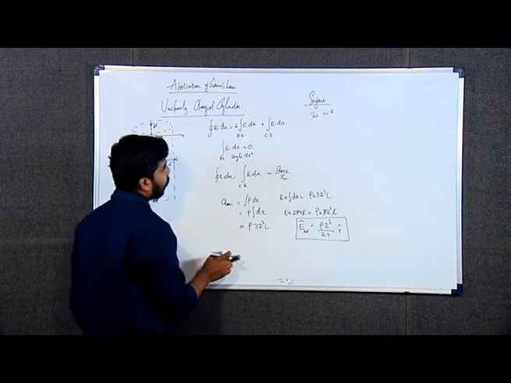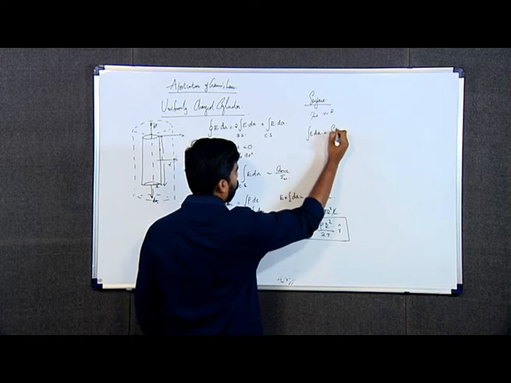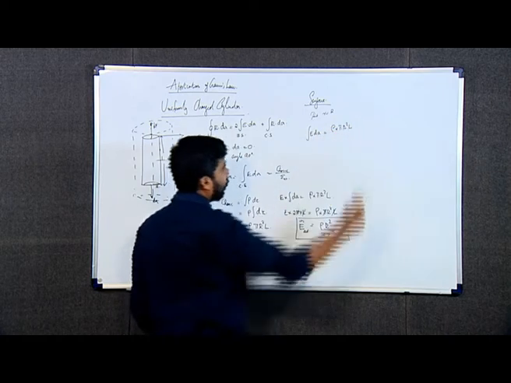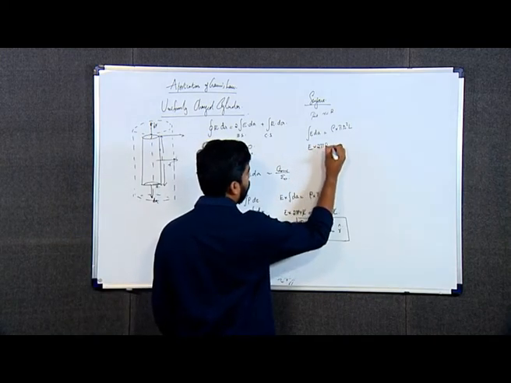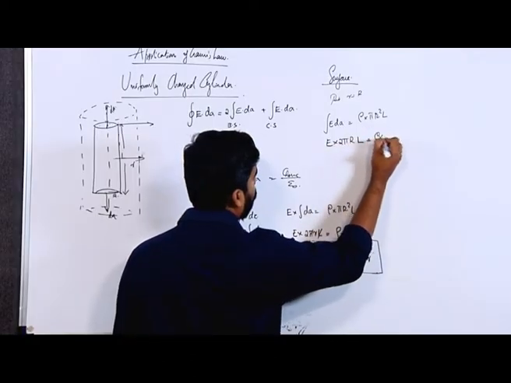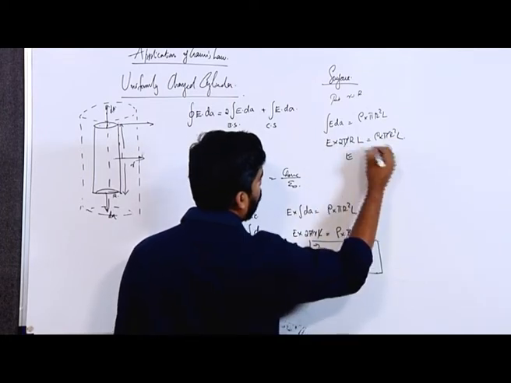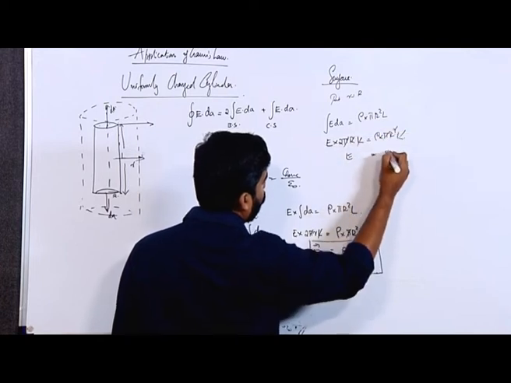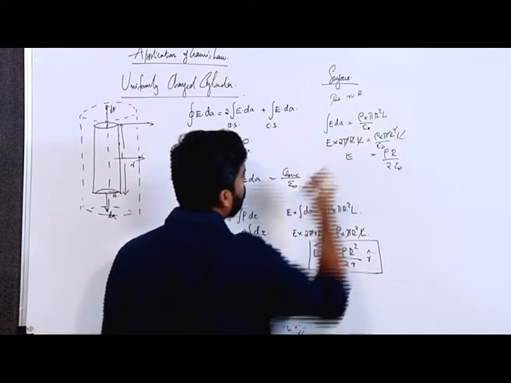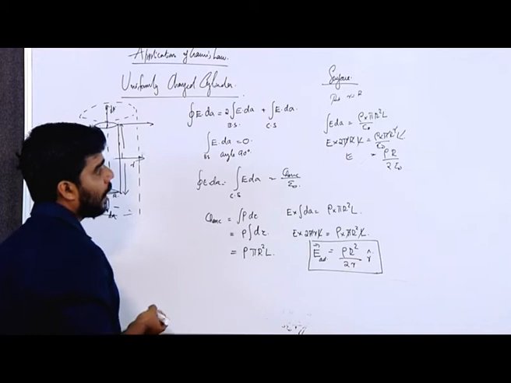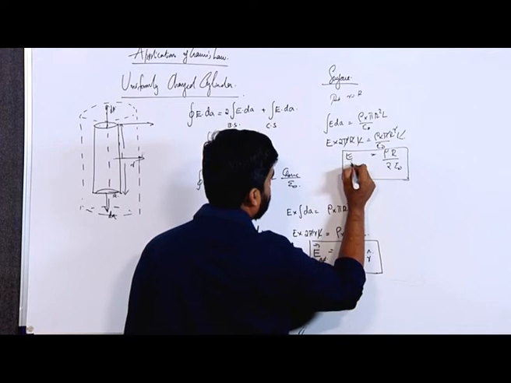So, r is equal to R, that will give you integral E dA is equal to rho into pi R square L, which is E into 2 pi R L is equal to rho into pi R square L. So E is equal to, pi and pi will go, L and L will go, rho R by 2 epsilon 0. One epsilon 0 is there. So rho R by 2 epsilon 0.